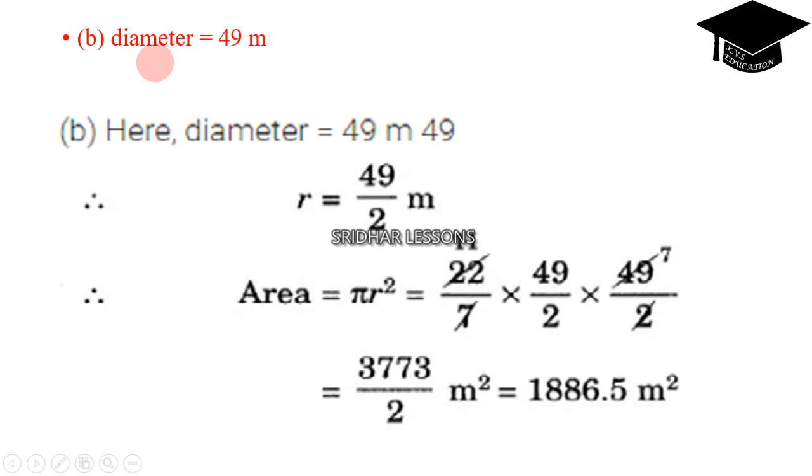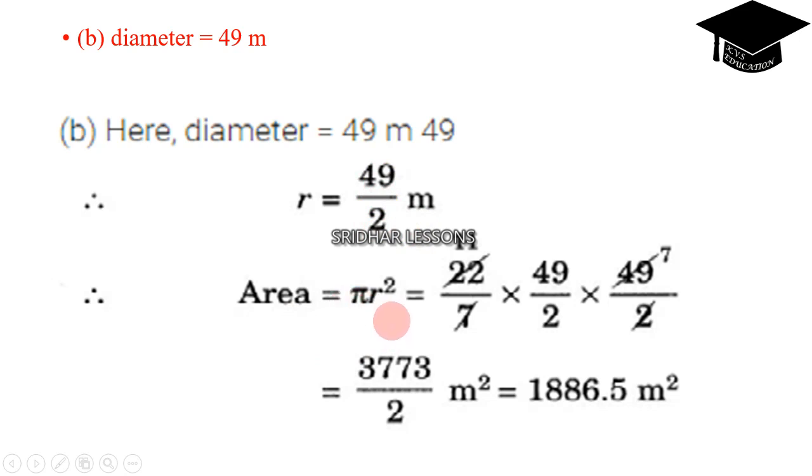Next, here the diameter is 49 meters. Okay, so the radius is diameter by 2, that is 49 by 2 meters. And the area we have to calculate is pi r square.